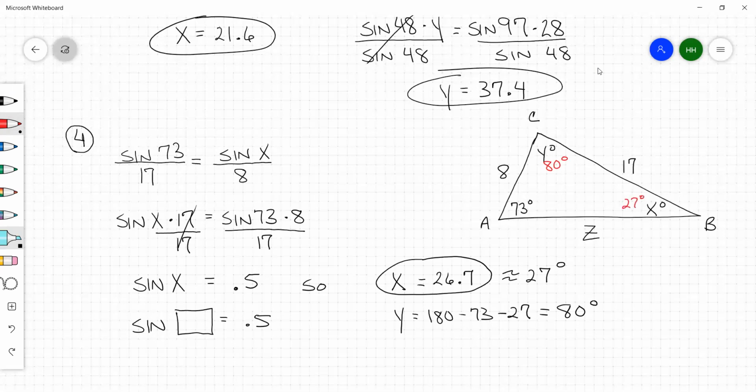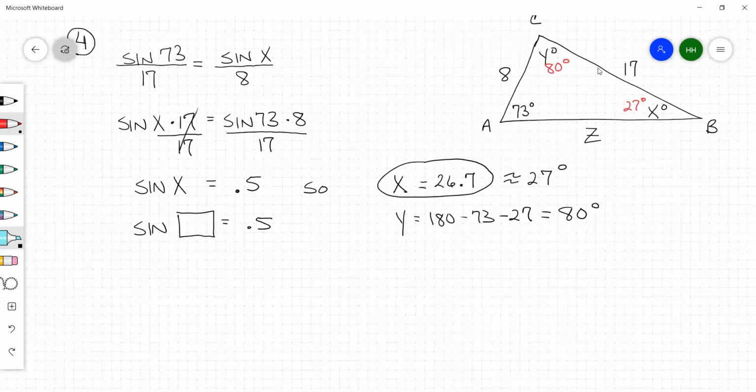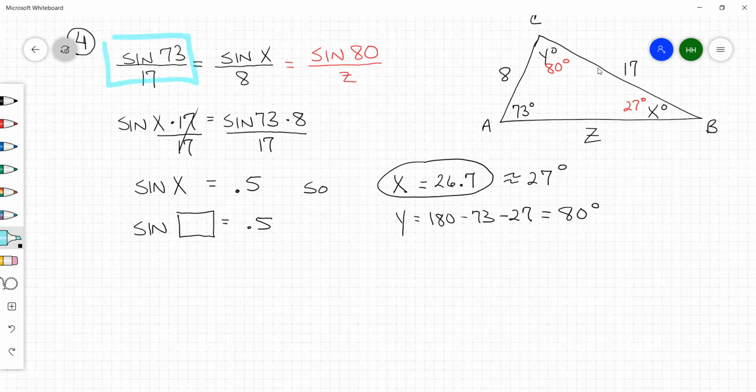Now we need side z. So you can use this original proportion now. You got sine 73 over 17. We can set it equal to sine 80 over z. And now we can crisscross multiply this first and this last again.